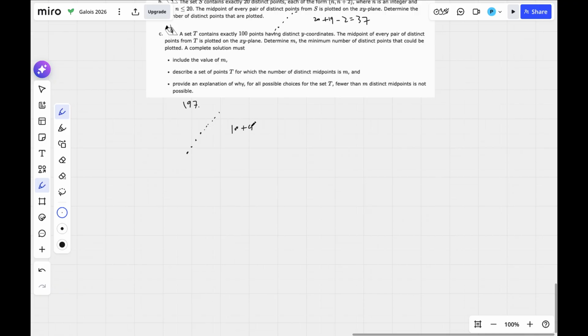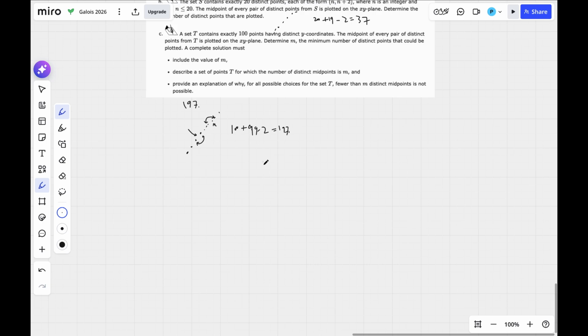So by having them equally spaced, such as the example in part B, we have 100 points here, plus the 99 points between them equally spaced. And finally, we subtract the 2 points on the edges, since they can't be the midpoints, to get 197.